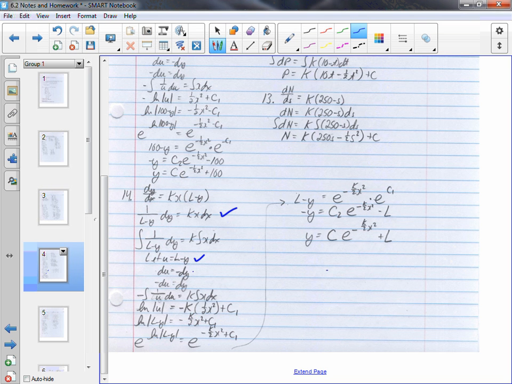So du is negative 1 dy, so negative du equals dy. Then let's do our substitution: 1 is 1, L minus y becomes u, dy becomes negative du. We can solve that, and we already know how to do the one on the right side. So far, so good?